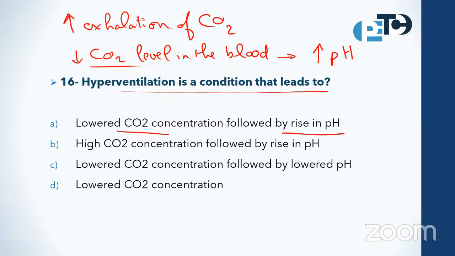This is what happens when there is hyperventilation. The answer is A, not C. By lowering carbon dioxide, the pH will not decrease, it will increase. So this is a wrong part.